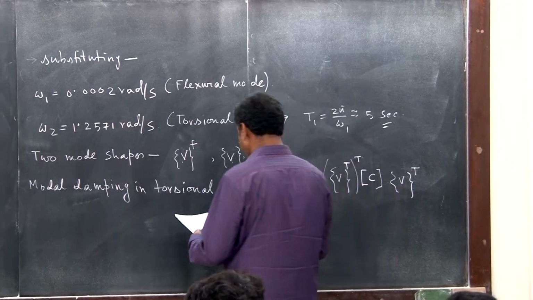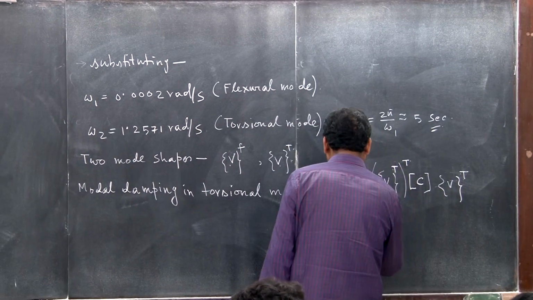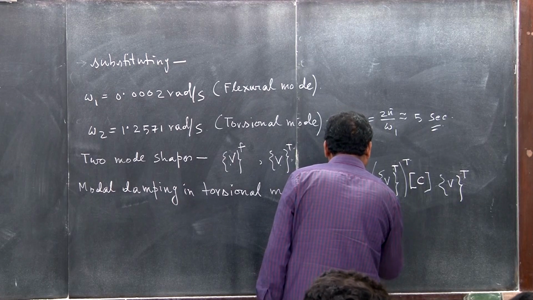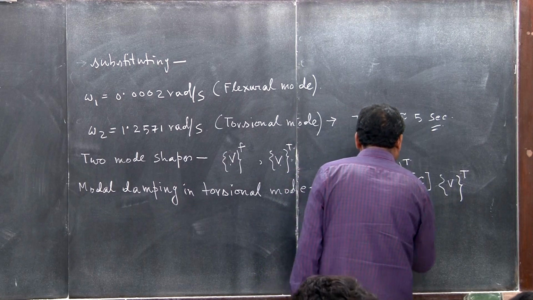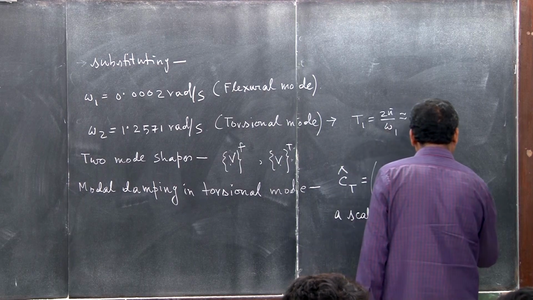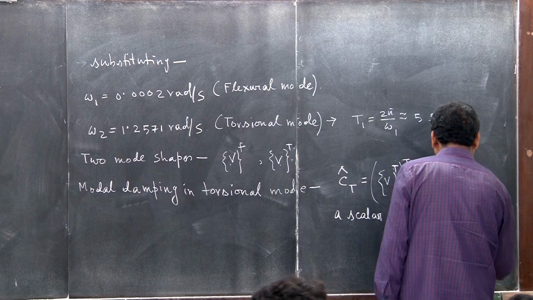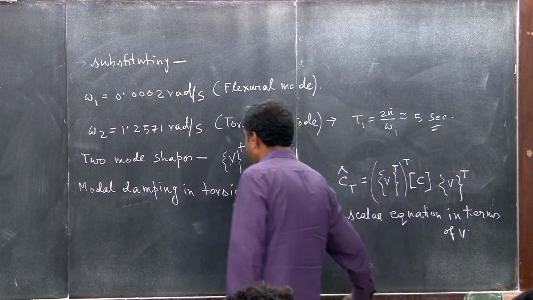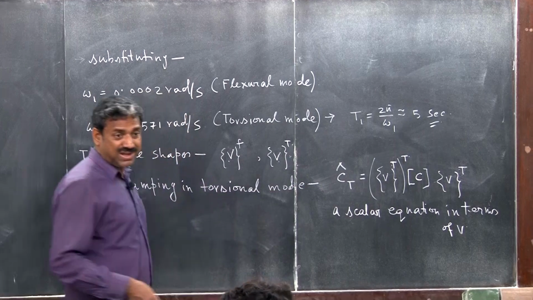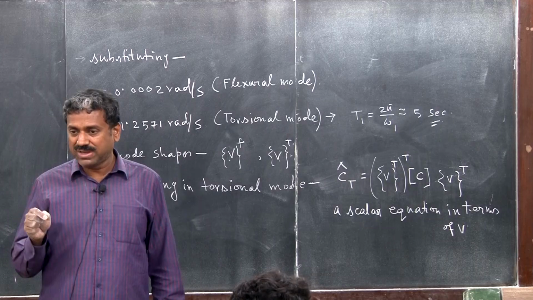You will get a scalar equation of C in terms of V. What kind of equation will that be? We'll get a quadratic equation in V, right? Because two expressions of V are coming.